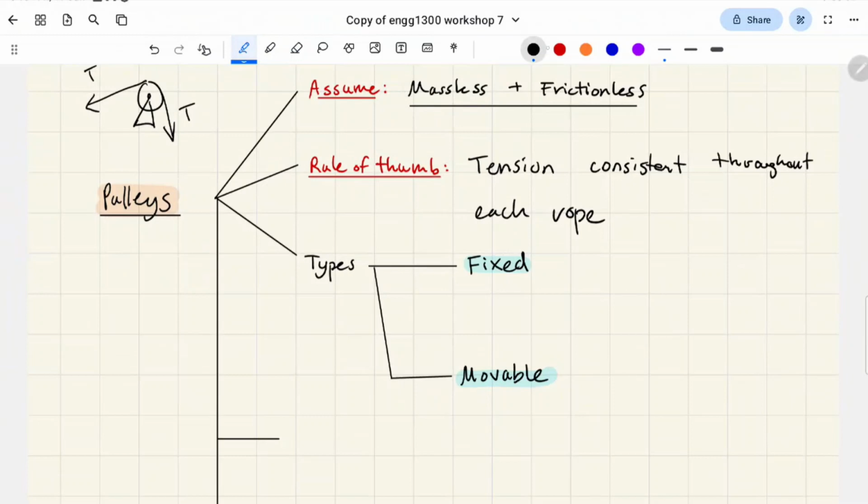So I'll draw an example of what I mean for both of them. Pretty much what I just drew above for this fixed pulley. Okay. I'll draw the next one as well, just to contrast them.